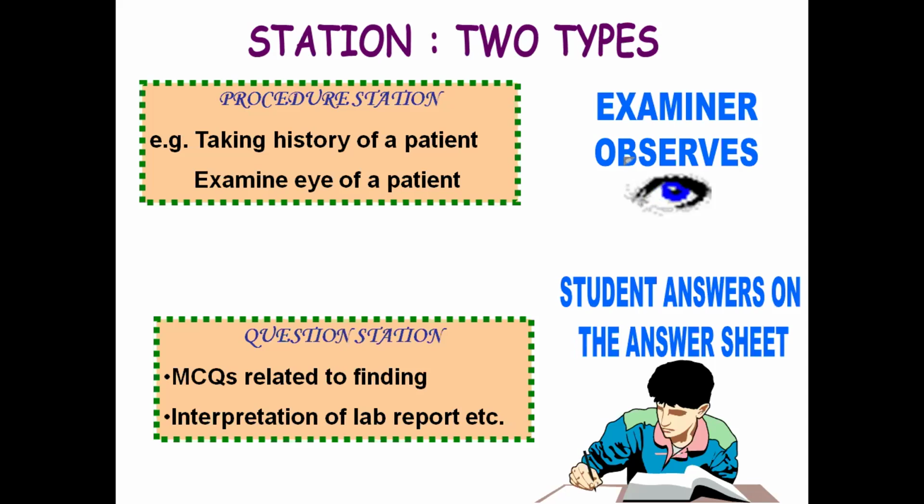Now you answer. For example, I will put up the ECG of the patient whose history you have taken. Now in the light of that history, look at this ECG and give your response. So there is a procedure station and a question station.